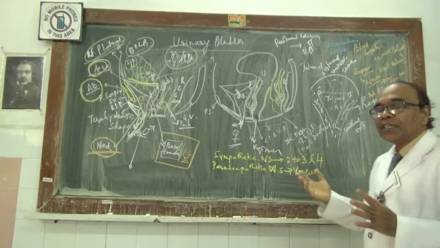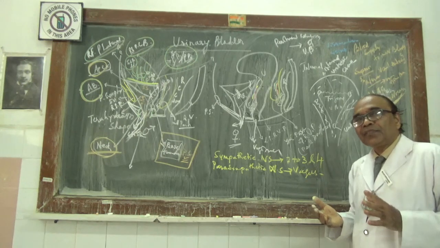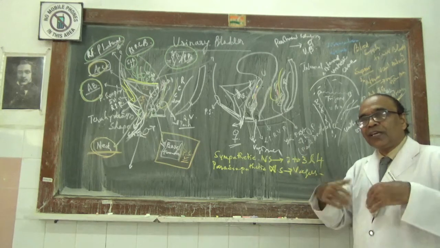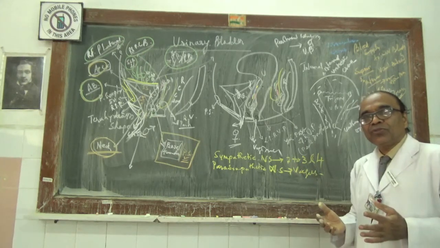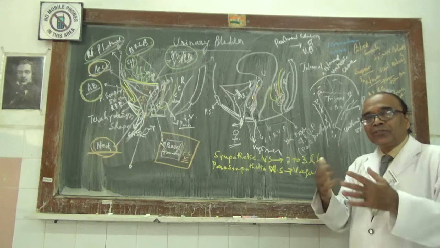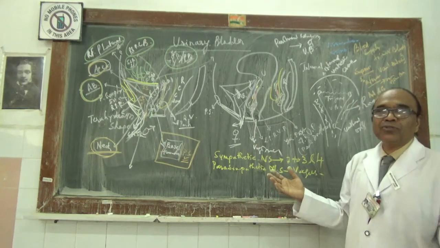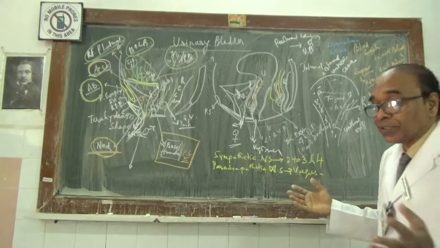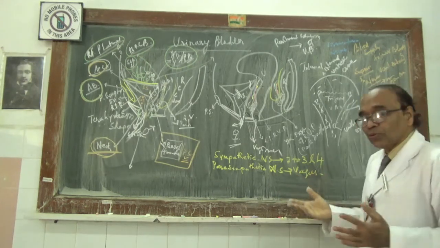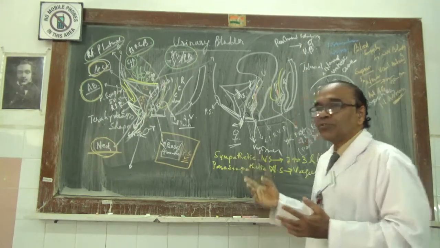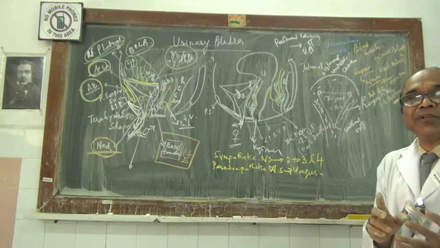The collected urine has to be thrown out, and once thrown, the bladder becomes empty once again to allow collection of urine. These two things are brought about by this nerve supply.